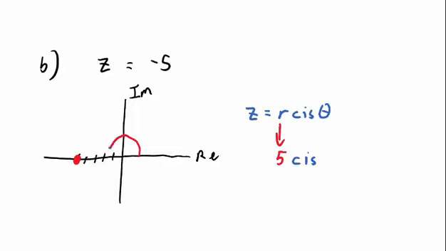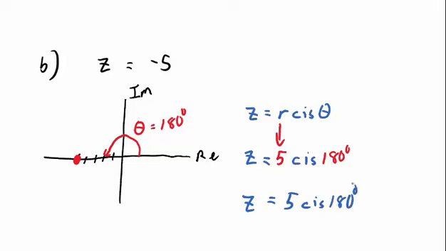So if you measure as usual from the positive real axis instead of the positive x-axis, what's that theta? It's the straight angle, so it's 180. There's your cis form. 5 cis 180.